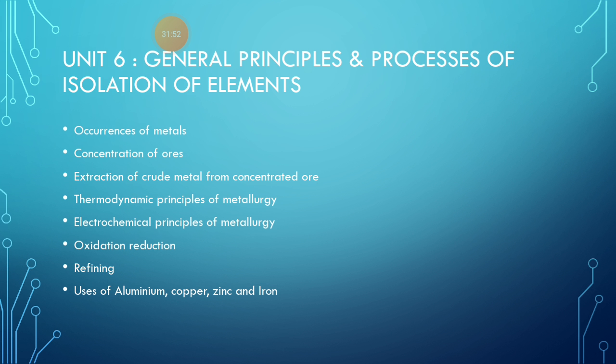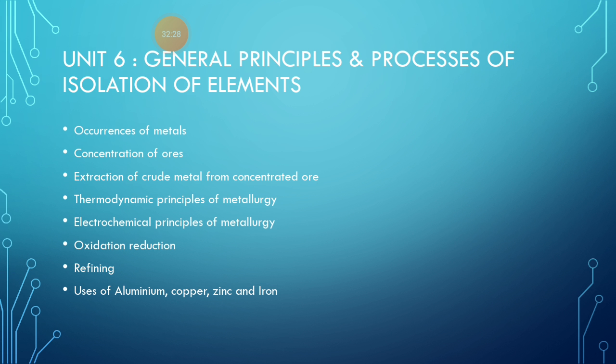Then the oxidation reduction. Some ores are oxidized then reduced, or some oxides are reduced to get a metal, which we are going to learn in this point. Then whatever crude metal is extracted from the concentrated ore, how it gets refined, because we are using pure metals for various purposes.